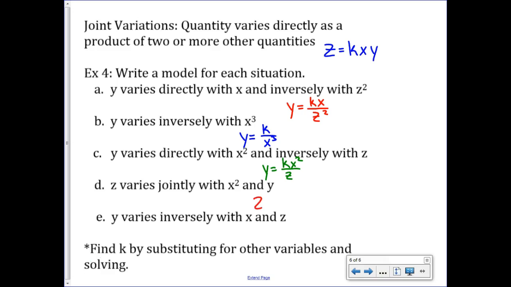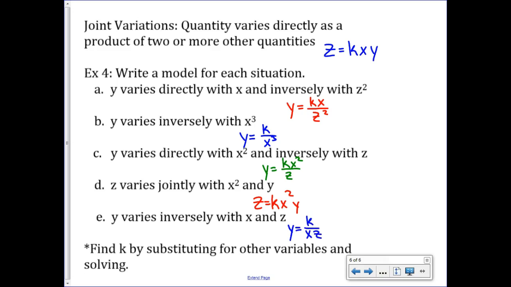That's our new one. So z equals k times x squared times y. And then our last one here, y varies inversely with x and with z. So y is equal to k divided by x times z.